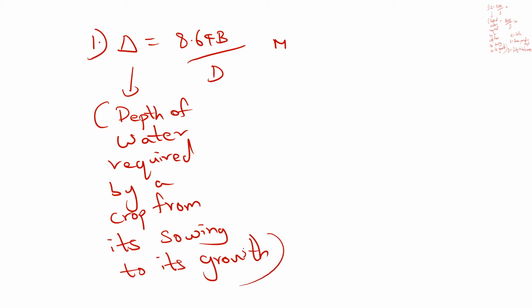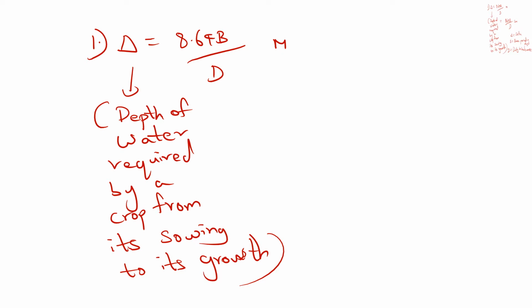It means that if you are going to place a crop in a particular field, it may be rice. If you are placing it as a seed, it requires a certain amount of water for its growth, right? So it requires a certain depth of water so that it will attain its final growth.